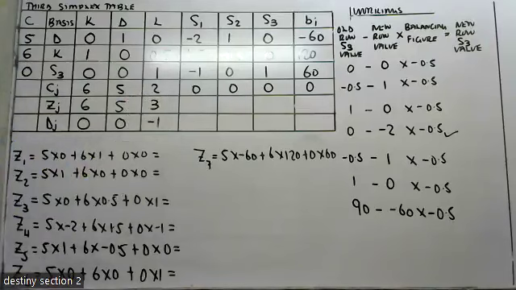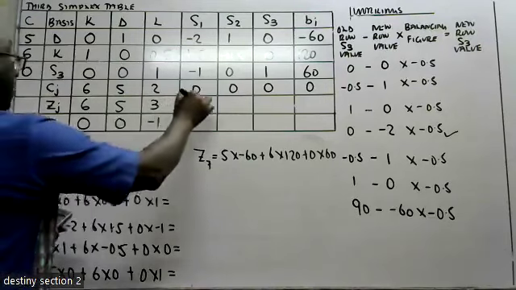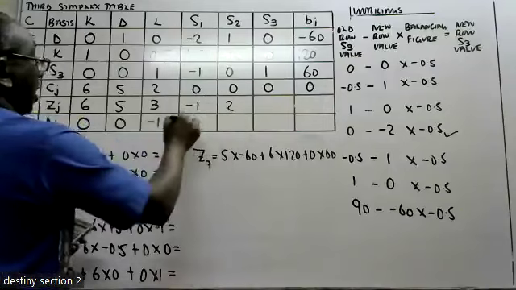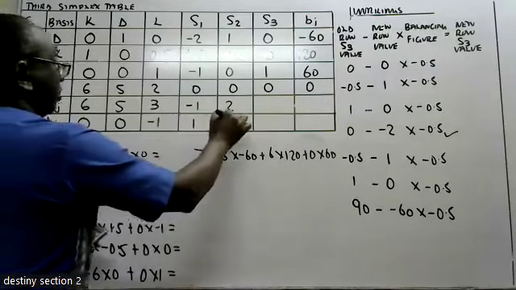5 times minus 2 plus 6 times 1.5 plus 0 times minus 1. It's negative 1. Then 5 times 1 plus 6 times 0.5 plus 0 times 0 is 2. So this one, when I subtract, is 1. This is minus 2.